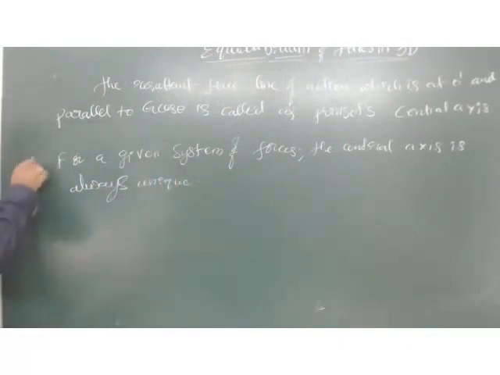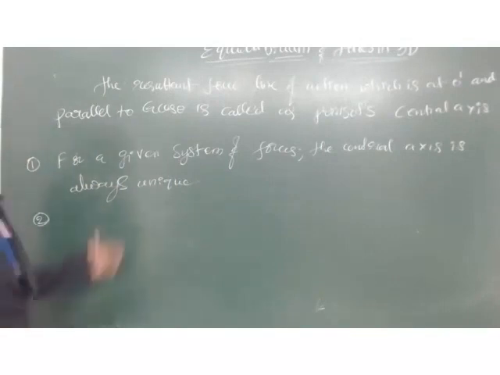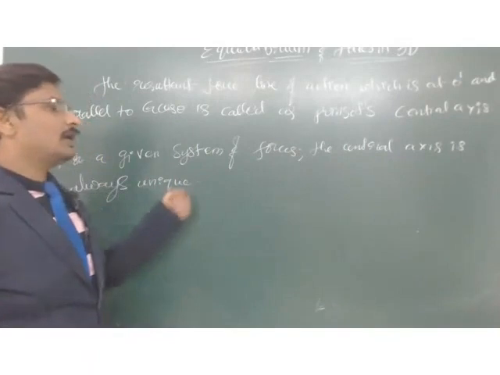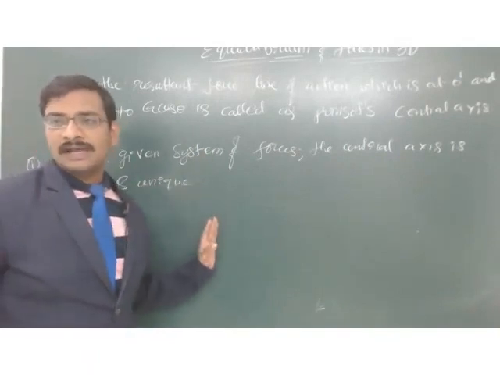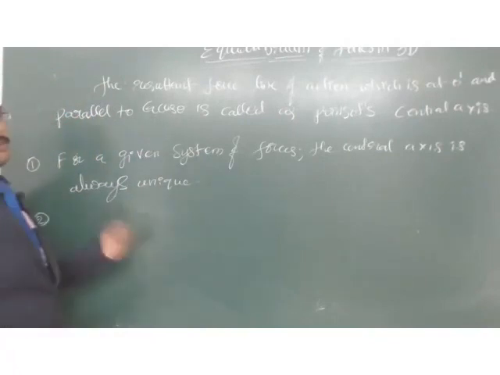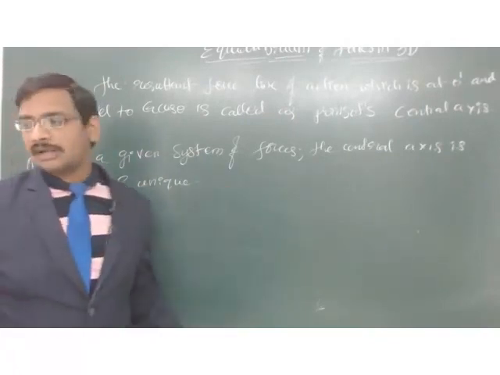So this is one important property, and there is one more important property, that is the moment G cos theta. If you take the base point on the central axis, G cos theta will always be lesser than if you take a base point other than the central axis.